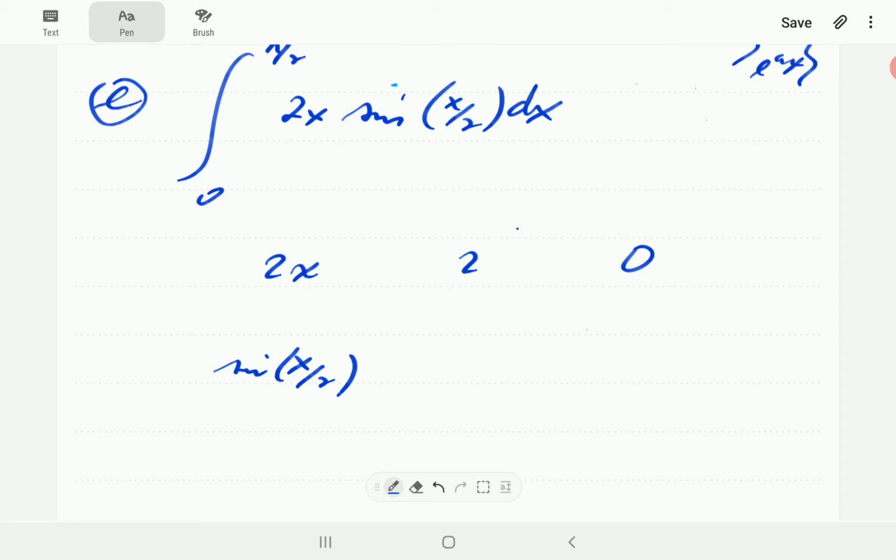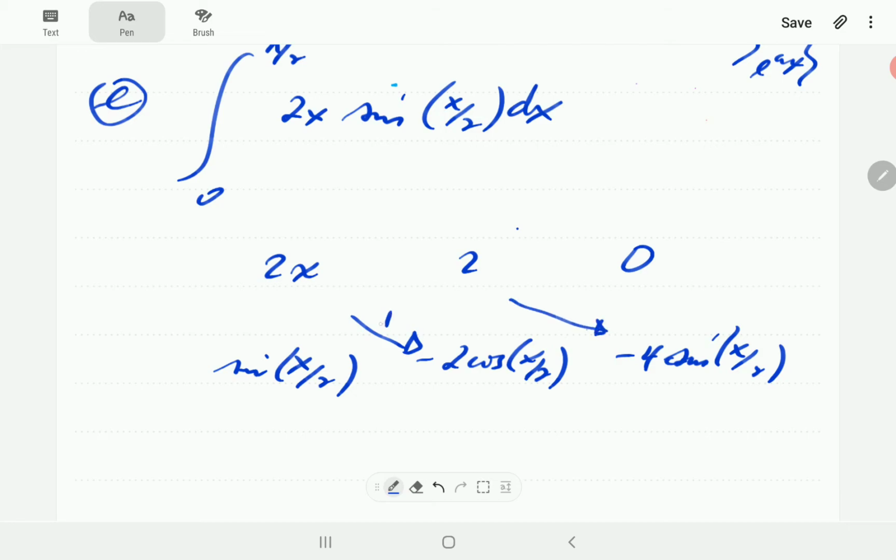The integral of sine x on 2 is going to be negative 2 times cosine x on 2. The integral of this one is going to be negative 4 times sine x on 2. So this one matches to the second one, and the second one matches to the third one.